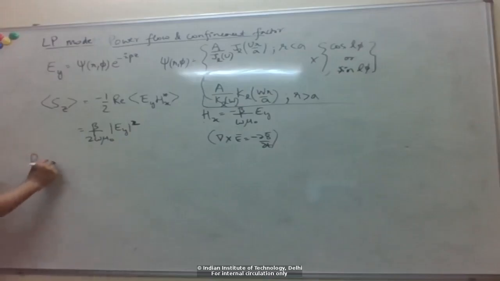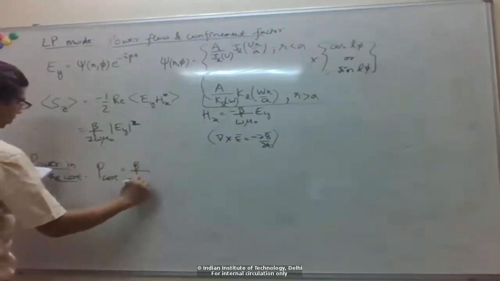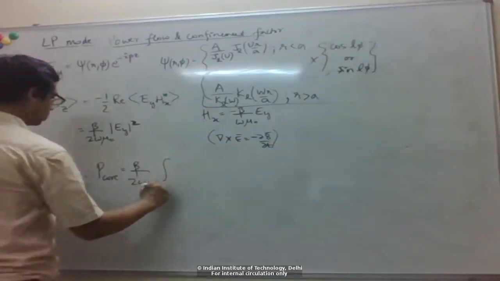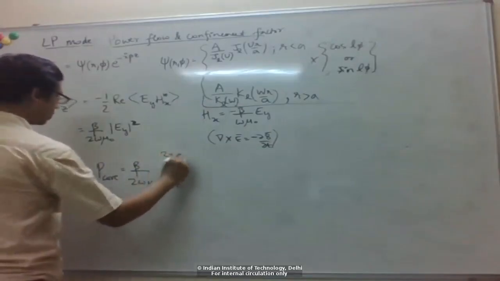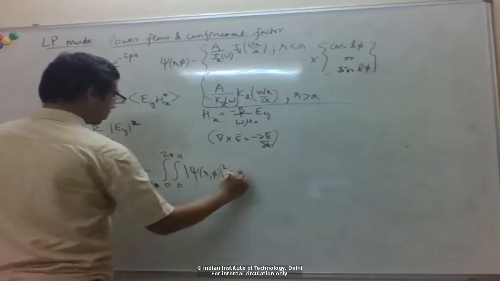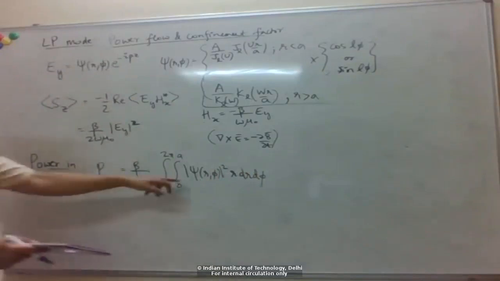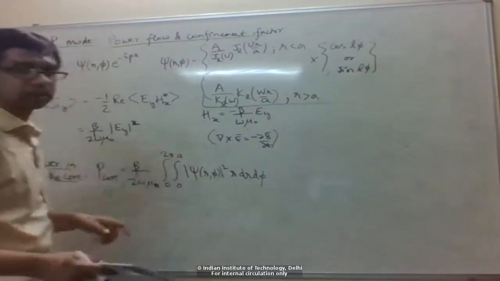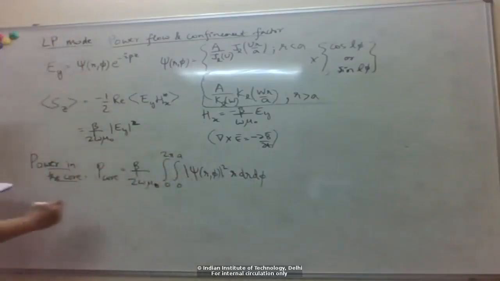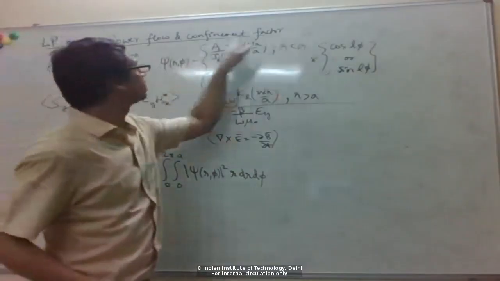Now, for example, if you want to find the power in the core, then we just integrate this Poynting vector in the core region, where r goes from 0 to a, and phi goes from 0 to 2 pi. So in the core, it's this.